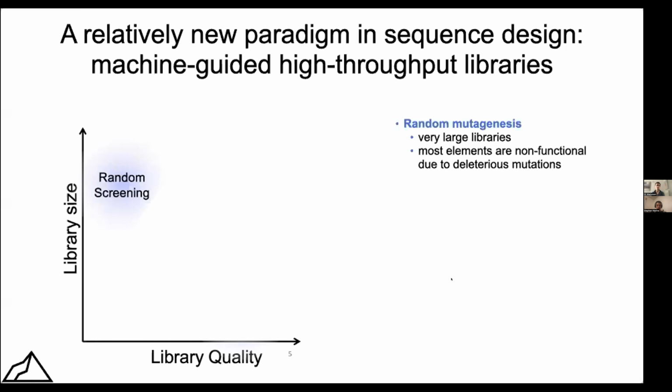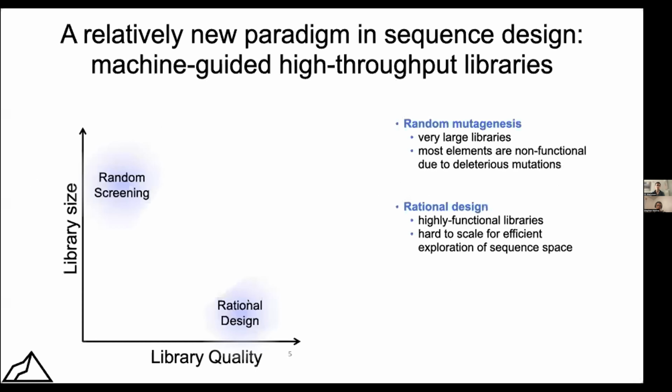They're just randomly chosen. And then on the other end of the spectrum here, we have rational design, which is using biological and other priors to design highly functional, on a pure sequence per sequence basis, libraries, but can be hard to scale for efficient exploration of sequence space, especially as we go farther from whatever our starting point is.